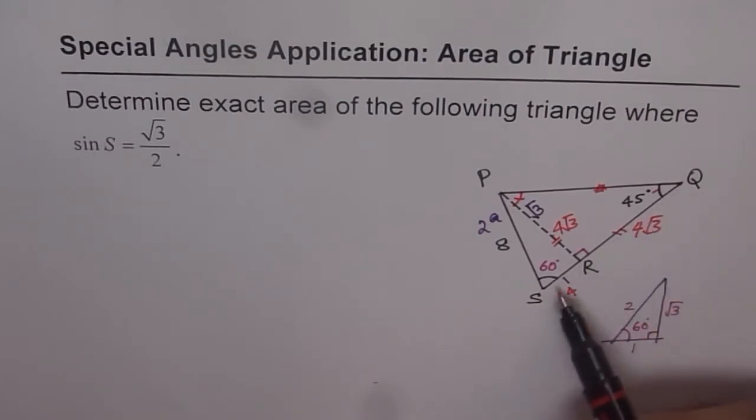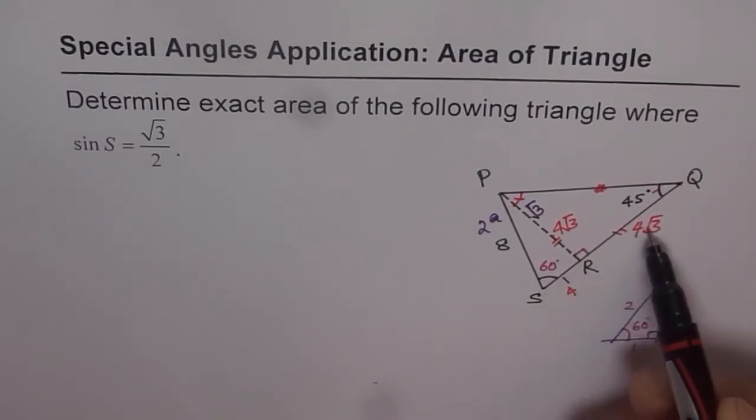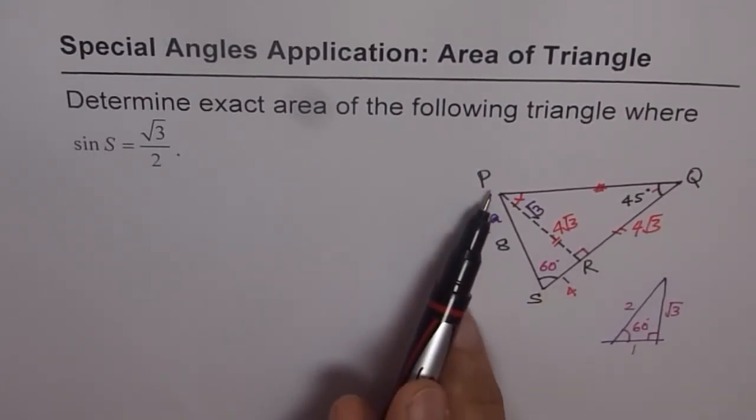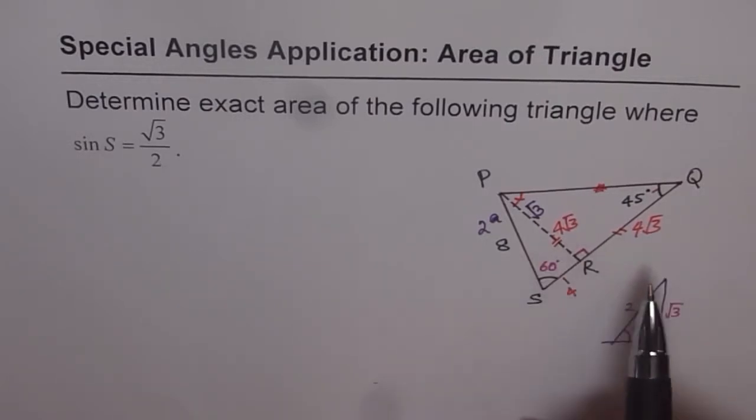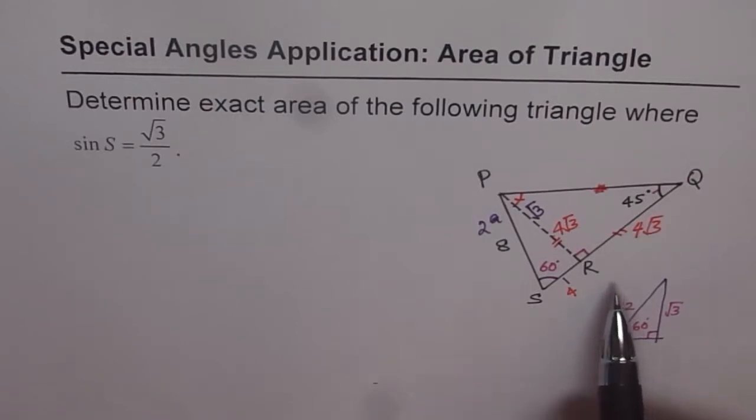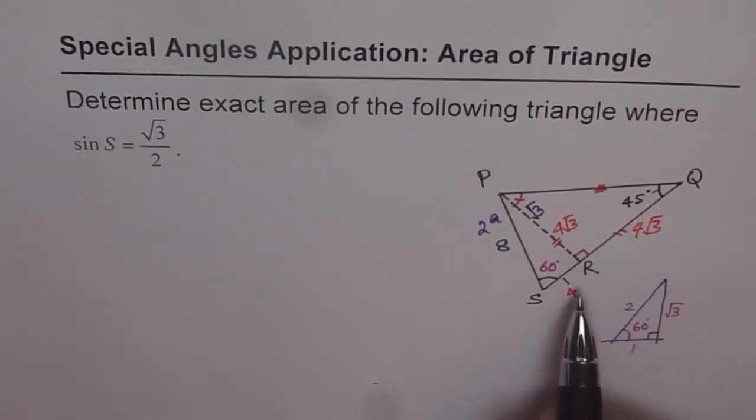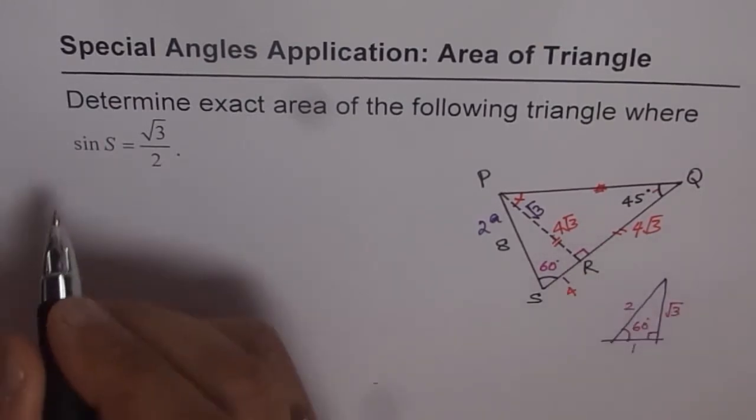Now we know the base of this triangle, which is 4 plus 4 square root 3, and the height is 4 square root 3. So we can always find the area of this triangle. What you realize is that we didn't really use a calculator, we just applied our knowledge of special triangles to get to the result. And straightforward, we can do the triangle area.